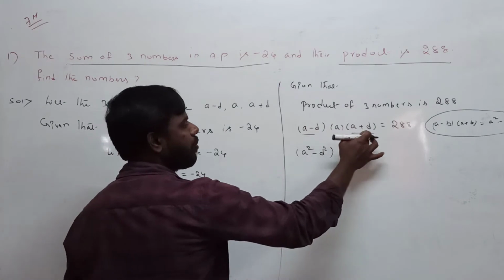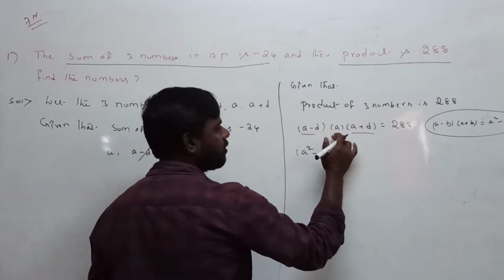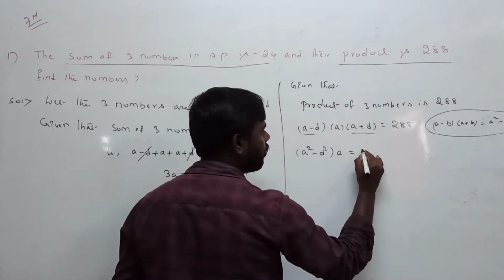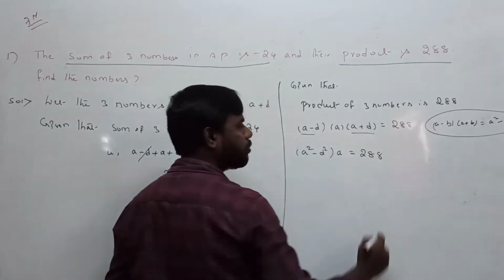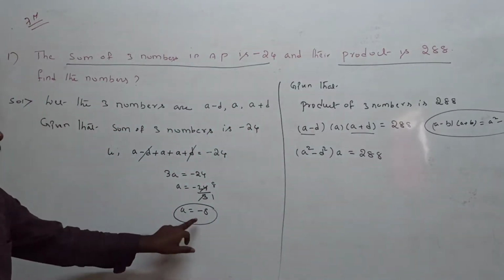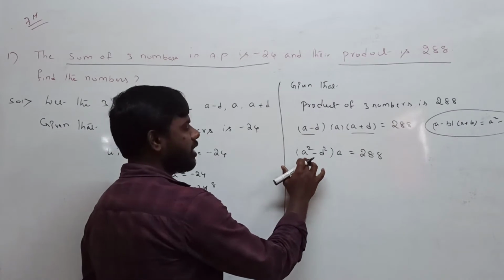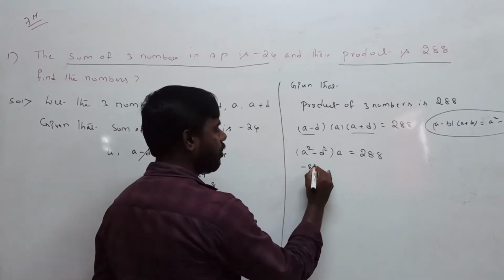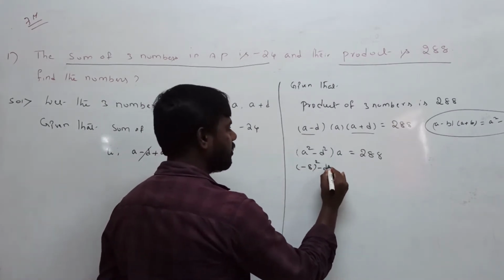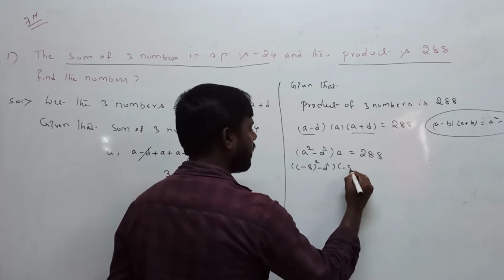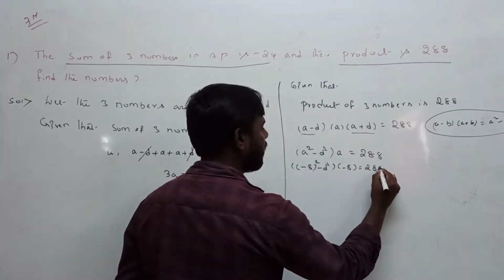So we can write a into a square minus d square is equal to 288. Now substitute the a value. What is the a value? It is minus 8. In place of a, substitute minus 8, so minus 8 whole square minus d square, into minus 8, is equal to 288.